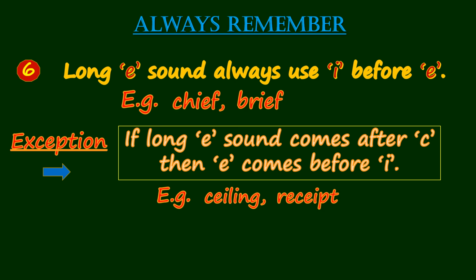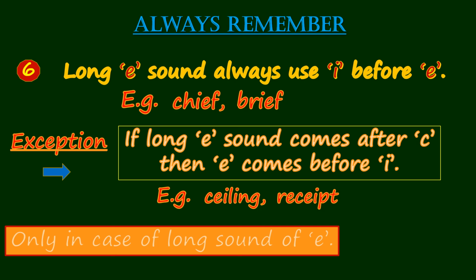Always remember, in receipt, again you can hear that long sound of E. But before that long sound of E, we have a letter which is a special one, that is C. So since we have C first and then the long sound of E, we will first write E and then I. So this is an exception to our rule.